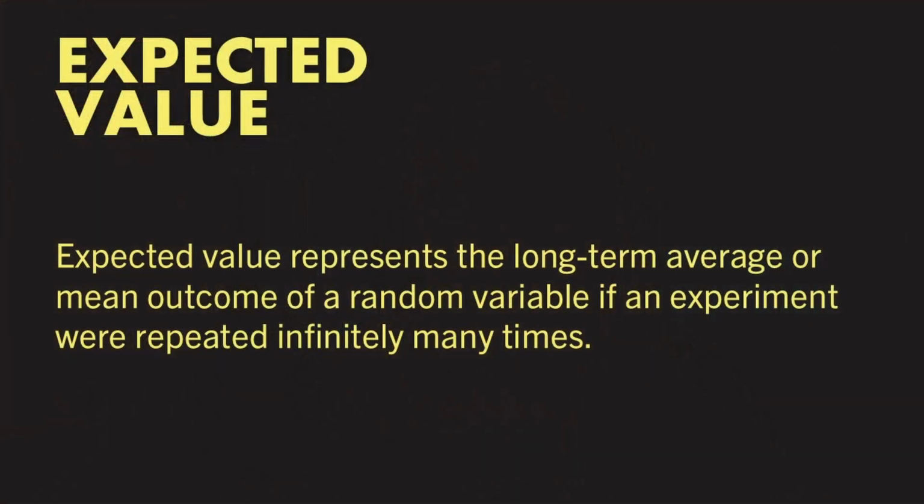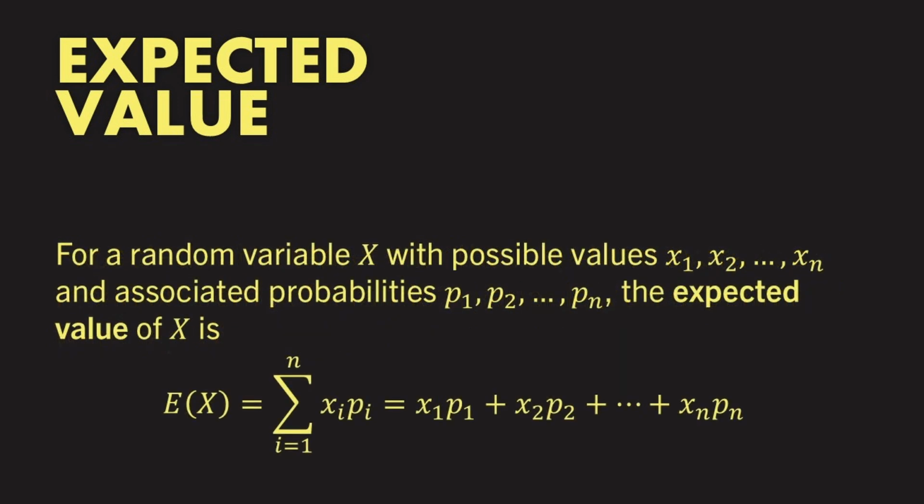Expected value is the long-term average or mean of a random variable if the experiment were to be repeated infinitely. If we have a discrete random variable x with possible values x1, x2, x3 up until xn and a probability distribution p1, p2 up until pn, then we're going to calculate the expected value as E of x equals the sum from 1 to n of xi times pi.